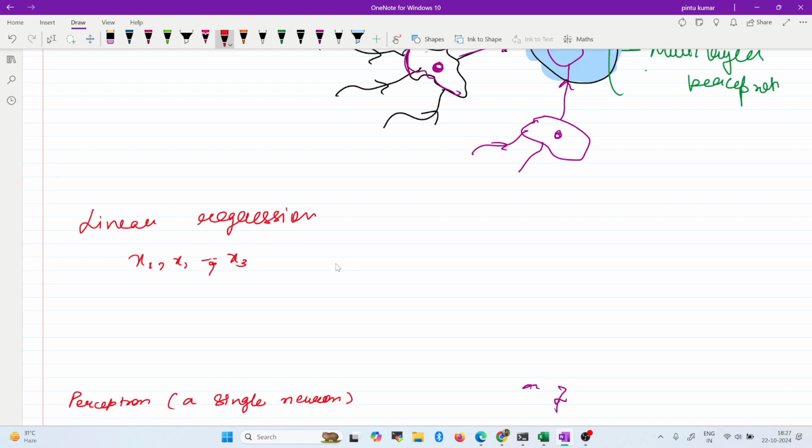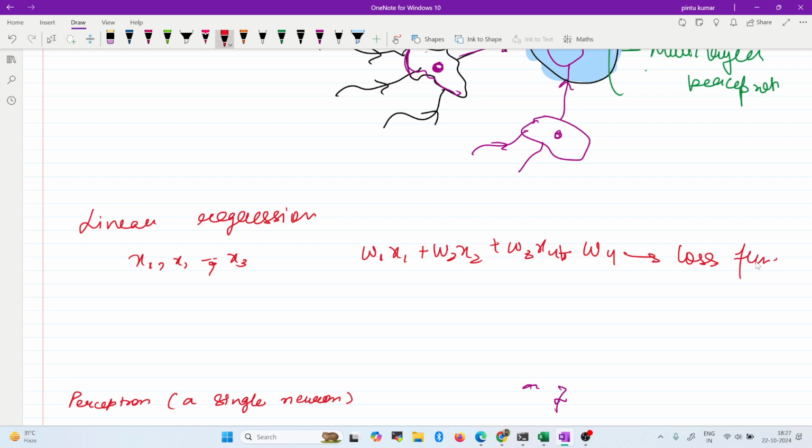What we wanted to do is learn W1, W2, W3 and W4, such that we minimize some loss function.